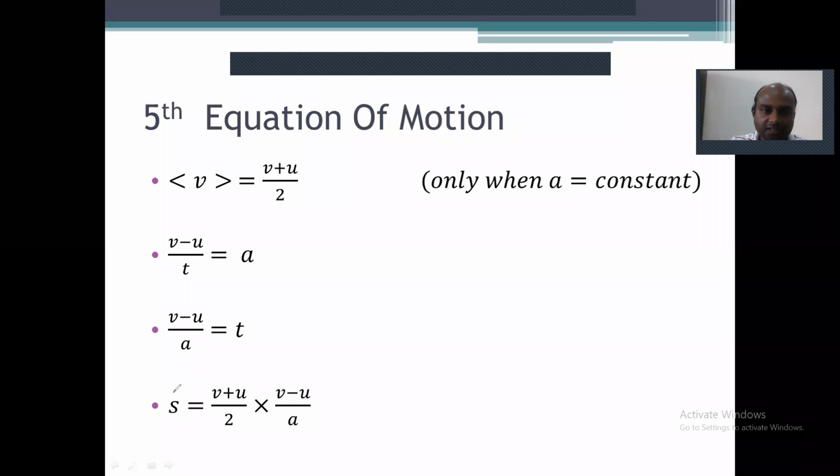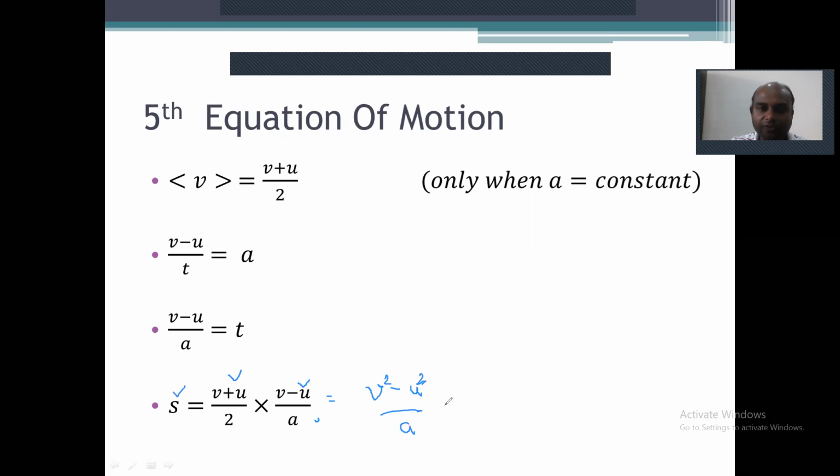So distance is average velocity, which is v plus u over 2, into time, which is v minus u over a. So this equation is again written in a shorter form, which is v square minus u square over 2a, by applying the formula for v plus u into v minus u, which is v square minus u square.